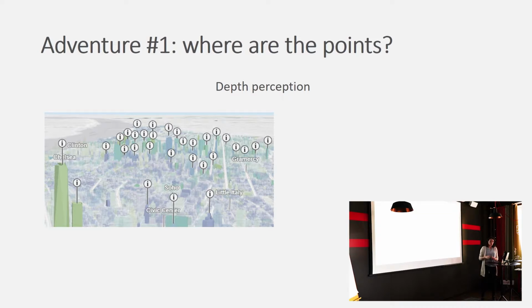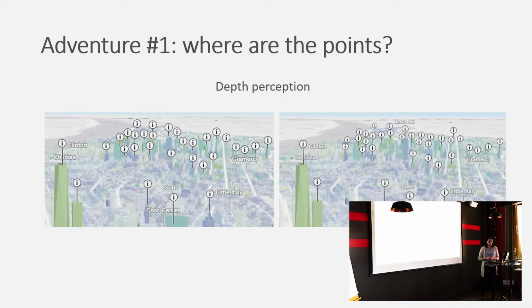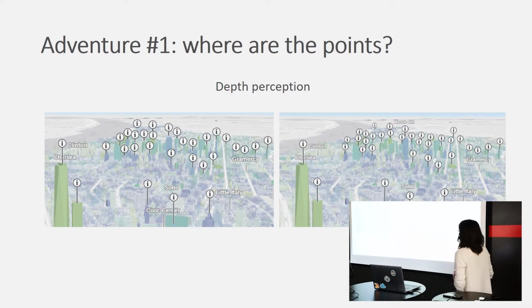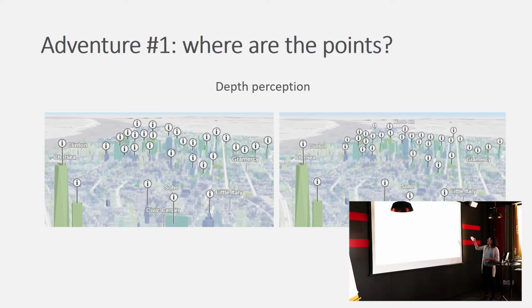So we came up with this layer mode where you could enable the screen space size, and we would automatically calculate it for you. The user just has to set this to true, and the points further away from the camera would be smaller, and the ones closer to the camera would be the size that I gave the points.